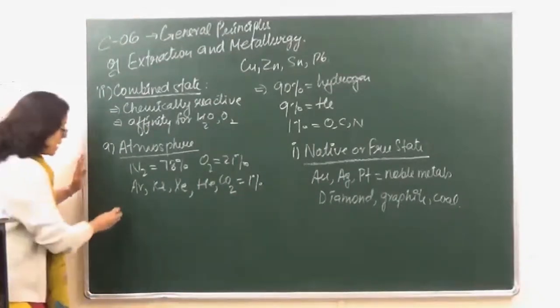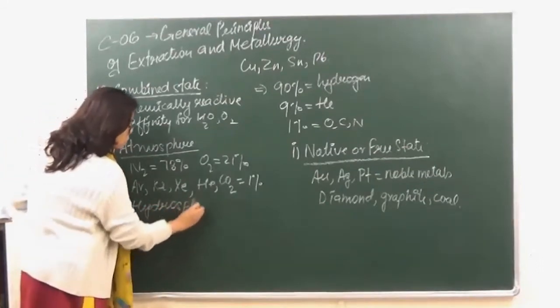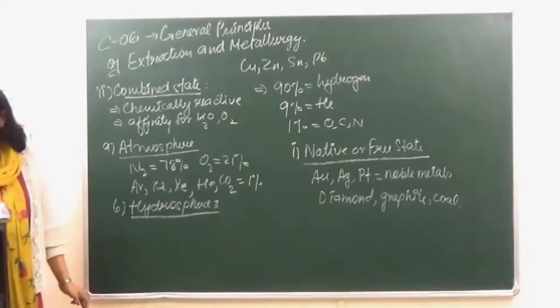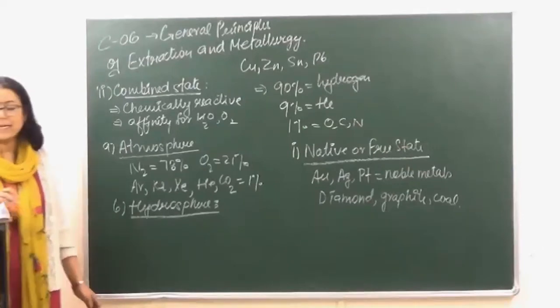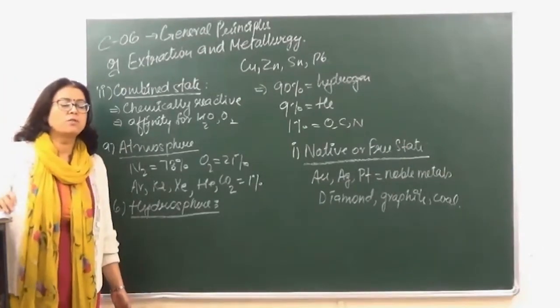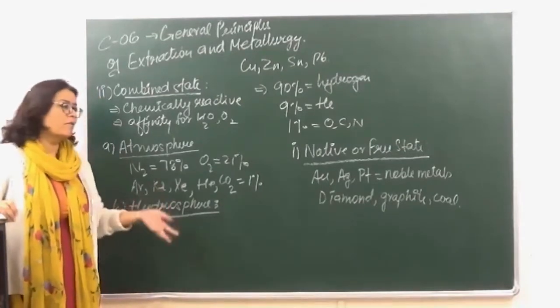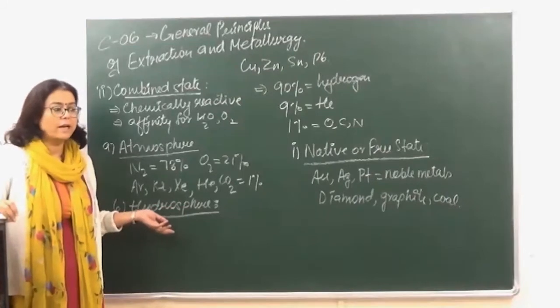The second part of the earth is known as the hydrosphere. Okay? Hydrosphere is the liquid phase of the earth. All the oceans, we already know that more than 80% of the earth's surface is water. So all the rivers, the oceans, sea, everything comes under the hydrosphere.